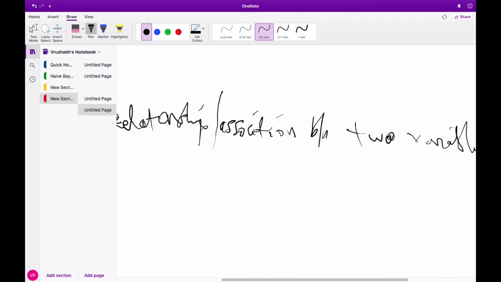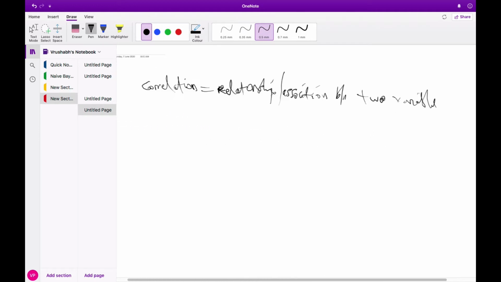That's what we actually try to do: measure the relationship or the association which exists between two variables.